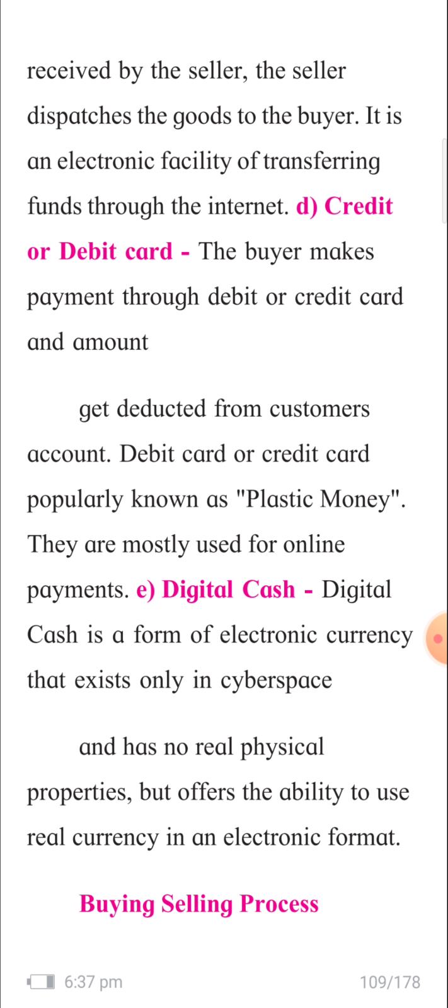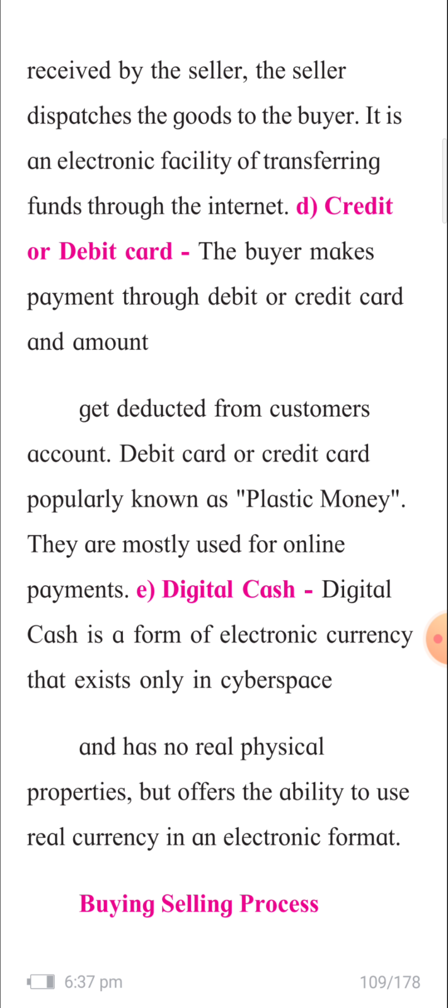The buyer makes the payment through a debit or credit card, and the amount is immediately deducted from the customer's account. The debit card and credit card are also known as plastic money, and this is basically used for online payments.